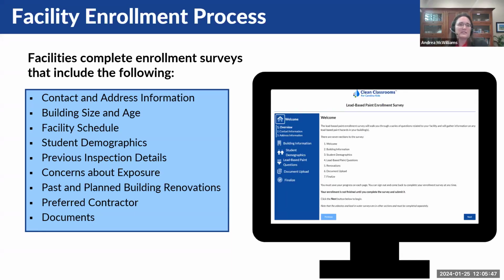Some of the information that we are gathering in these surveys is the primary contact and address information, their building size and age of the buildings, any type of demographics, if they've had any previous inspections, if they have any concerns about exposures, past and planned building renovations, if they do have a preference on a contractor, and also, by what questions they answer and how they answer them, what documents they are required to upload into the portal.